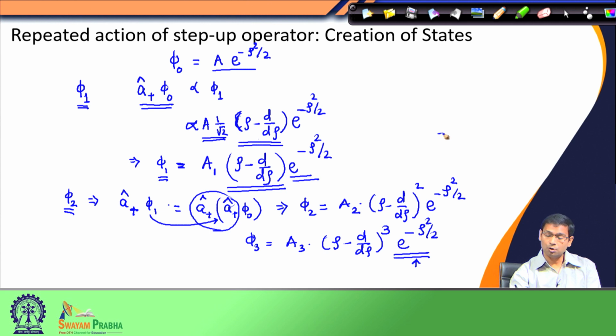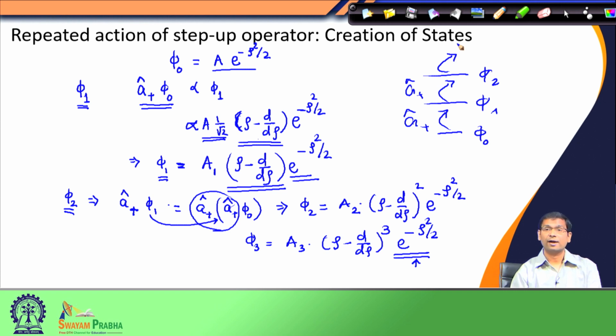So, if I know the lowest eigenfunction phi 0, I can simply keep on applying the step up operator as many times to get my higher eigenfunctions. So, this is phi 2.